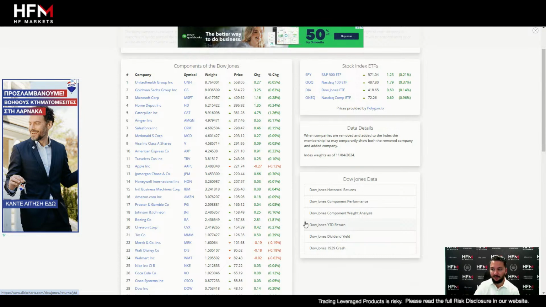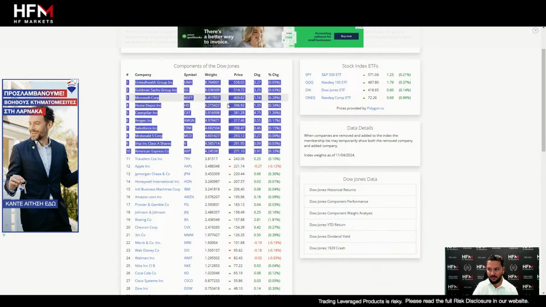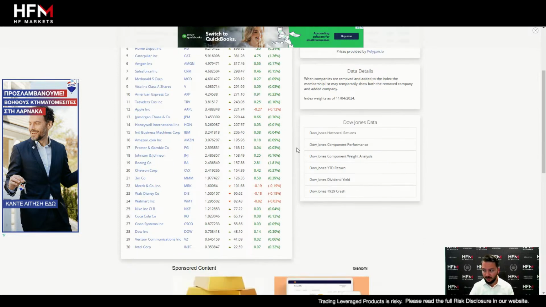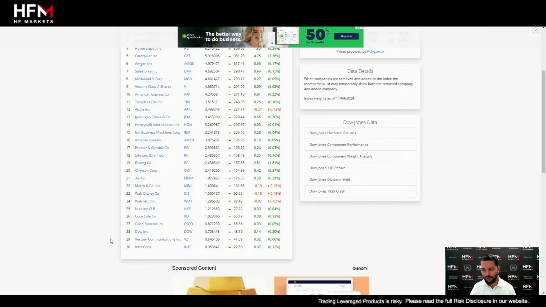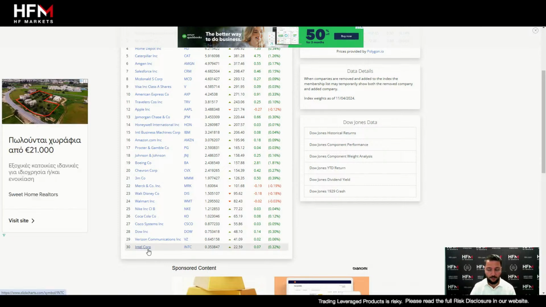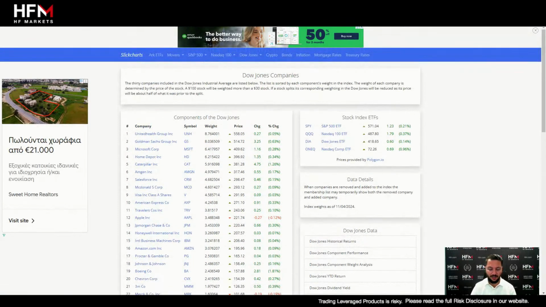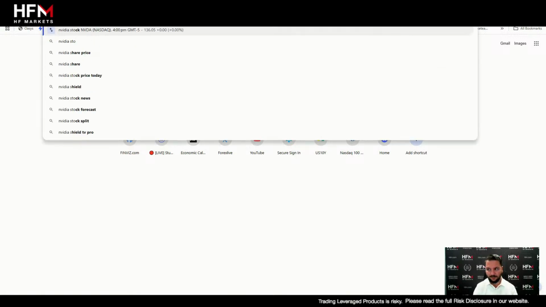You can see why this is important. Only four are declining. And from the top 10 most influential, so here are basically the top 10 most impactful stocks, all of them are increasing in value. And keep in mind, Intel, which is one of the worst performing stocks this year so far, is going to be removed and replaced with NVIDIA.